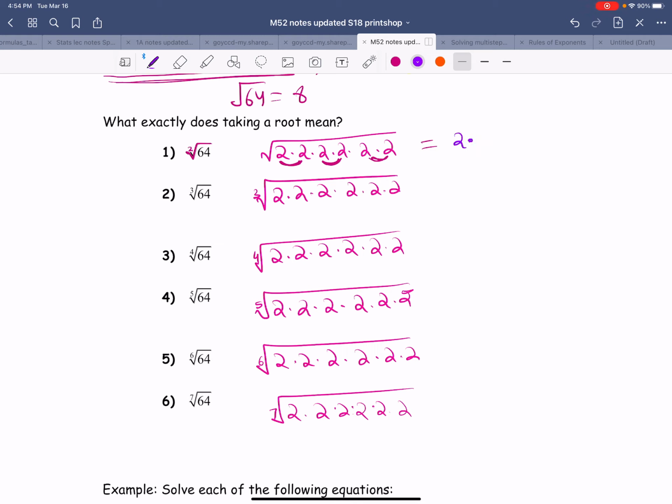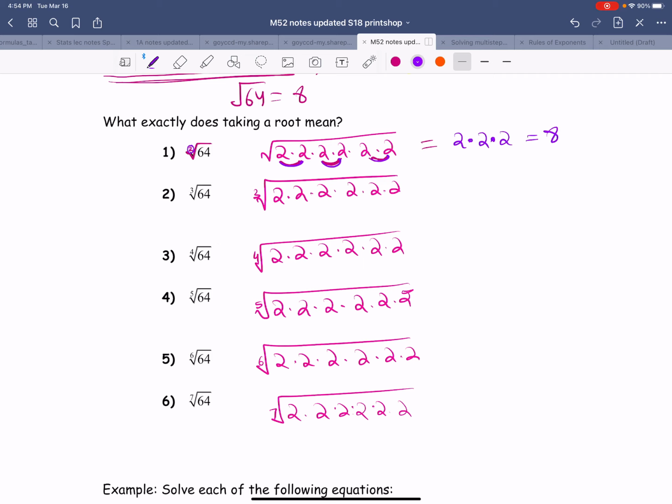One 2 comes out, another pair, another 2 comes out, another 2 comes out. We have 3 groups of 2 2's each, and 2 times 2 times 2 is 8. So the square root of 64 is 8.